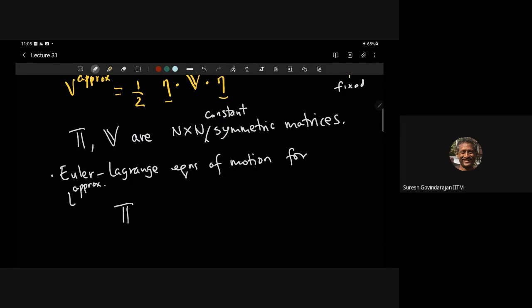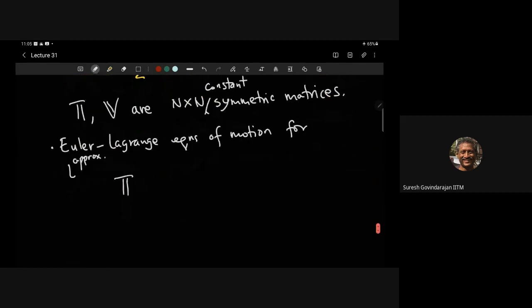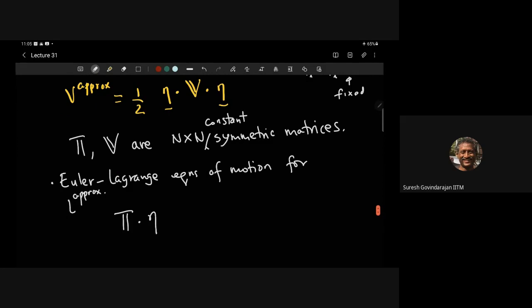If you do this, by doing dL by d eta dot, we get T eta dot, and then when we differentiate this, this is equal to minus V eta.